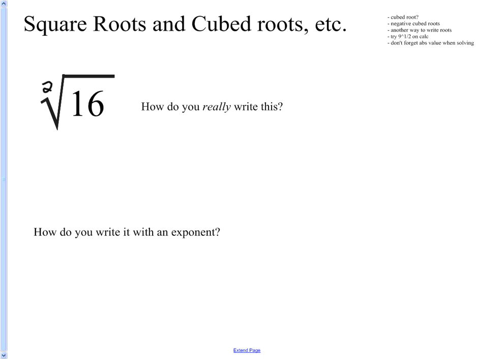Well, what does this have to do with exponents? It's because, you probably didn't know this either, you can write the square root of 16 by doing this. That means the square root of 16. Write that down in your notes. That's worthy of your notes. 16 to the 1/2 means the square root of 16.